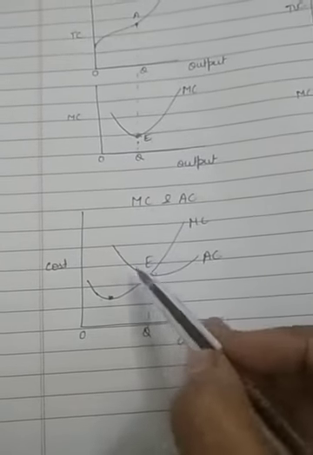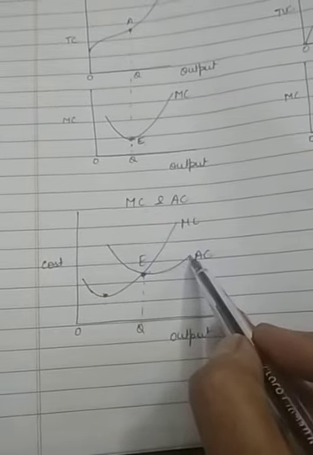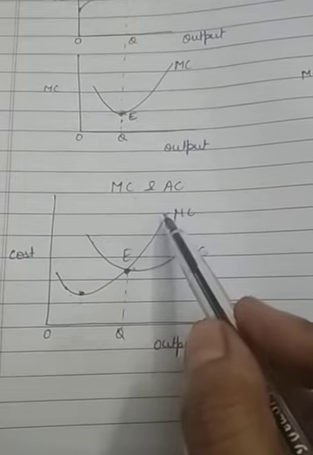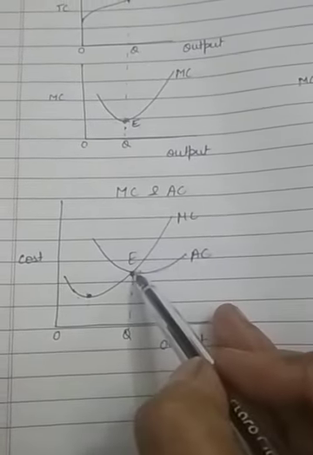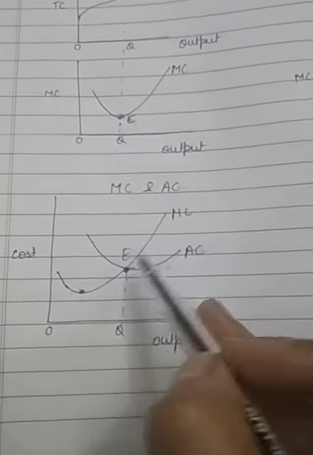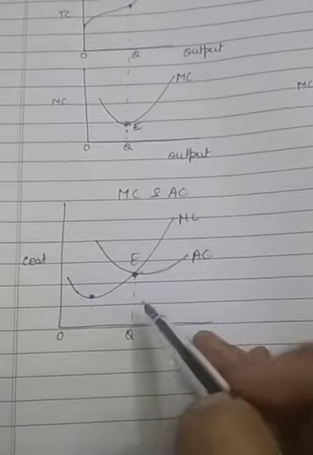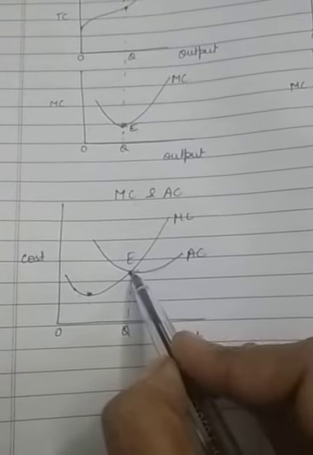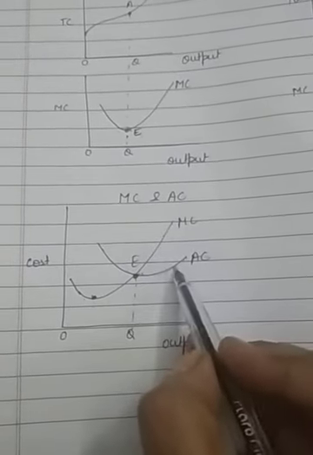Second point, when AC rises, in this portion you can see, when AC rises, MC is greater than AC. You can see AC is below MC. So that means when AC rises, MC is greater than AC. And in the diagram, AC starts rising from point E and beyond point E, MC is greater than AC.